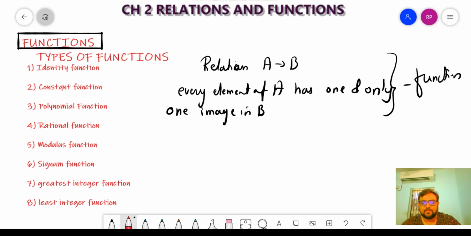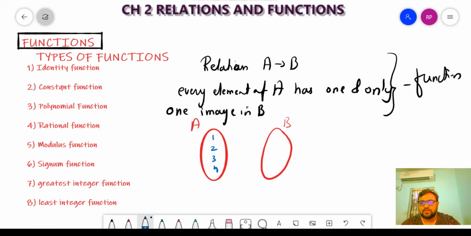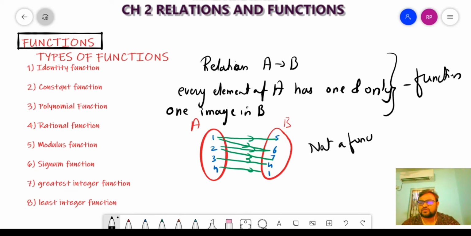For example, if I am taking two sets, A and B, let the elements of set A be 1, 2, 3, 4 and B be 5, 6, 7, 4, 1. Now, if the elements are related in such a way: 1 to 5, 2 to 6, 3 to 4, 4 to 1, 1 to 6, 2 to 7, then this is not a function.